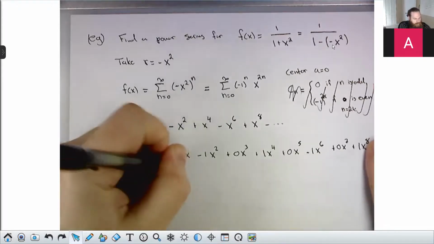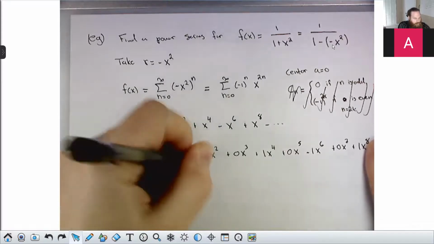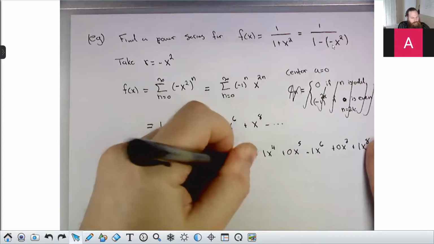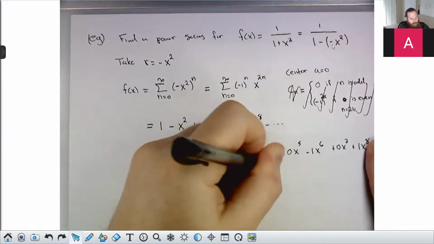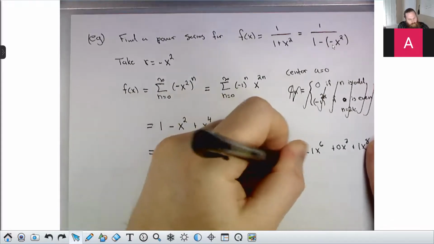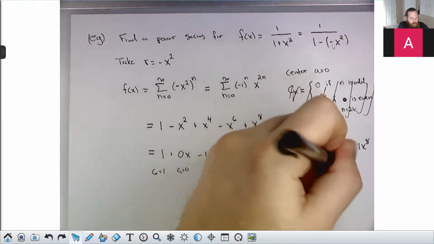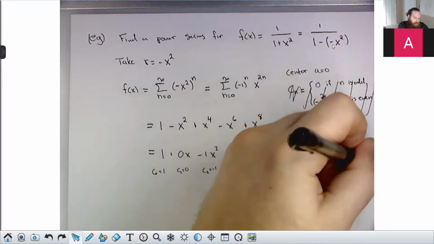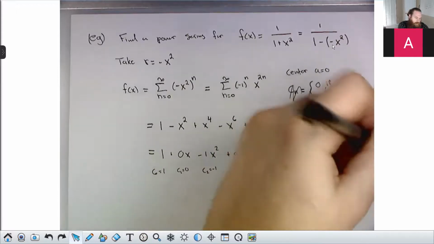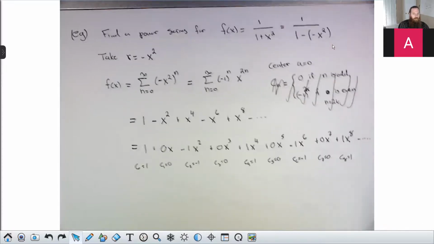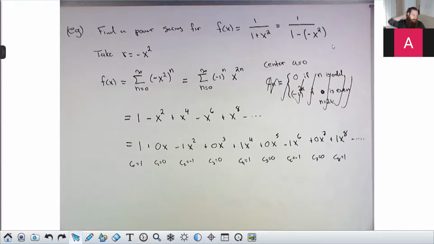c0 is 1, c1 is 0, c2 is negative 1, c3 is 0, c4 is plus 1, c5 is 0, c6 is negative 1, c7 is 0, c8 is plus 1, and it would go on and on like this. So what's the actual formula for my cn's here?